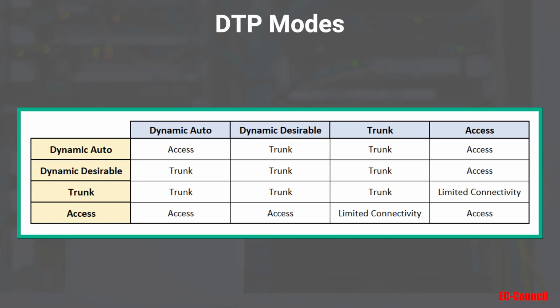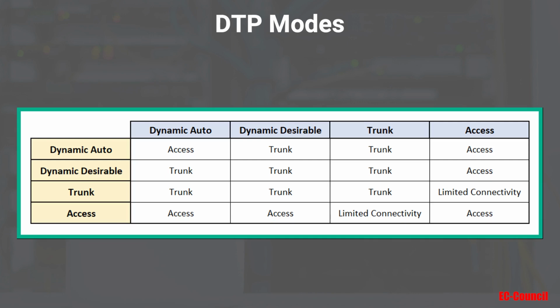So between switch 1 and switch 2, if both of these links are running dynamic auto, the result will be an access port. What if one side is dynamic desirable and the other side is dynamic auto? Where the line intersects, we can see it will be a trunk link. So that's how you actually use this table.